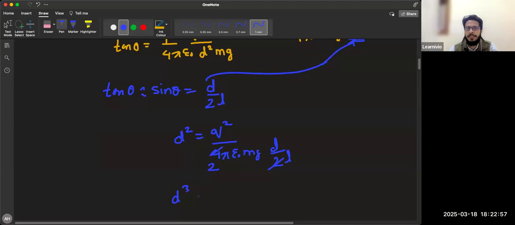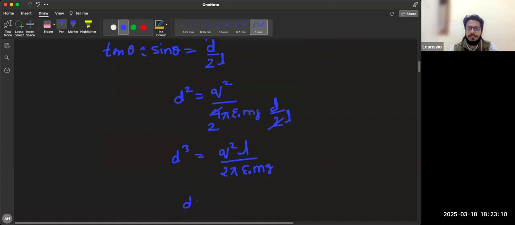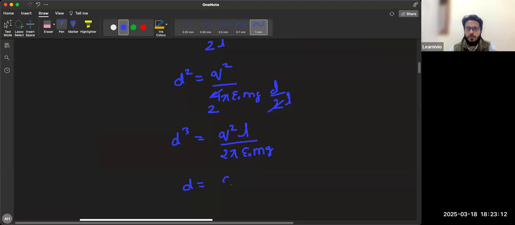So we'll get d cube as Q square L by 2 pi epsilon naught mg. So we get d is equal to Q square L by 2 pi epsilon naught mg to the power 1 by 3.